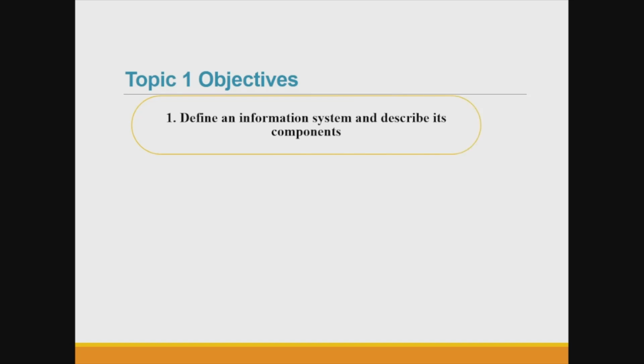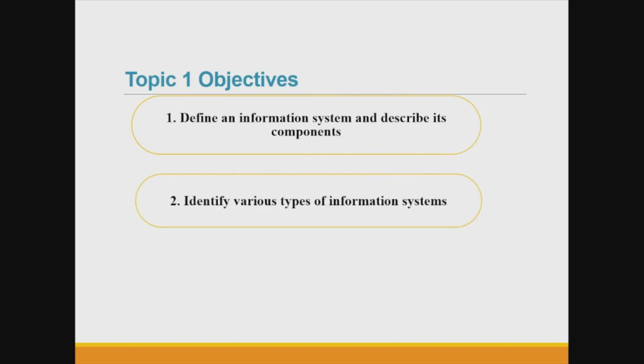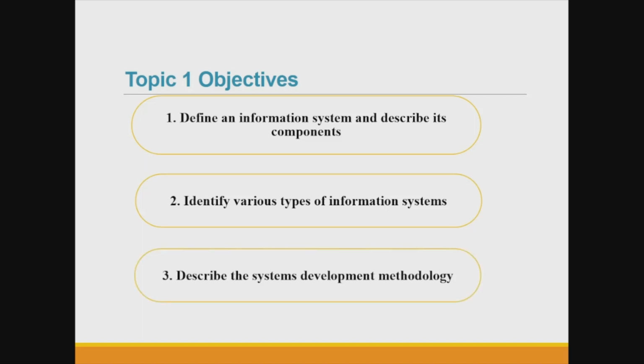The objective for this first topic: first, define an information system and describe its components. You should know how to explain the information system and what the components inside the information system, also known as IS, are.